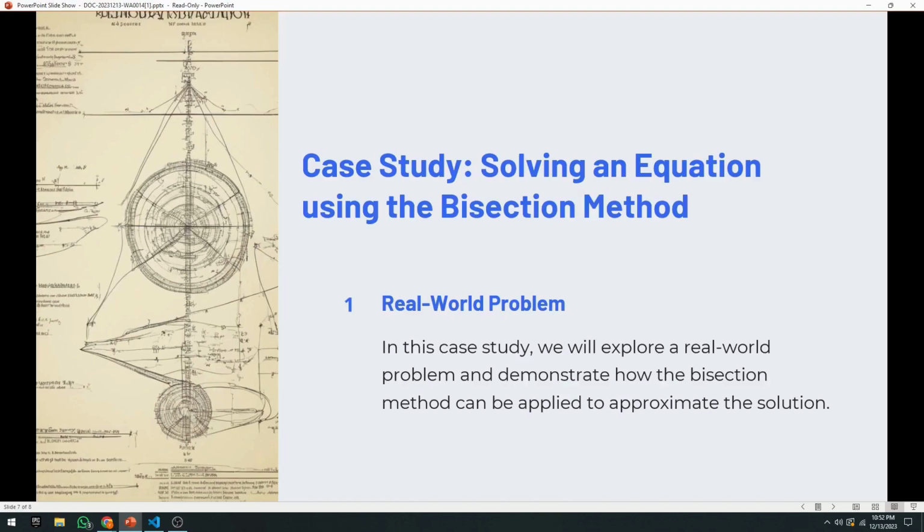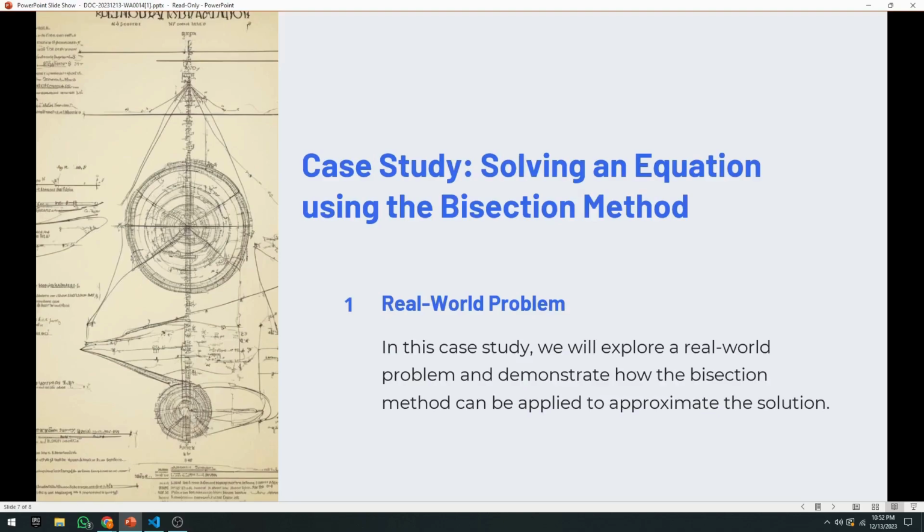Another comparison is with the false position method, which is similar to the bisection method, but generally converges faster and also doesn't require derivative information. However, it can suffer from slow convergence if the bracketing interval is large.